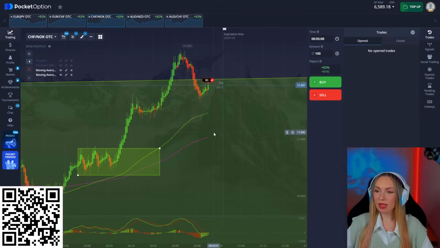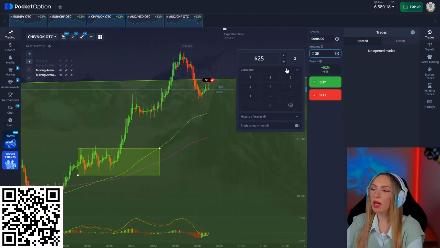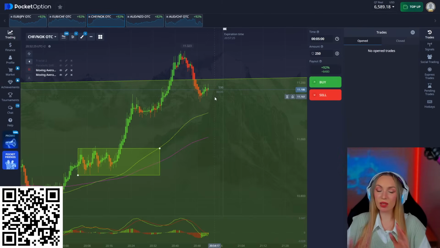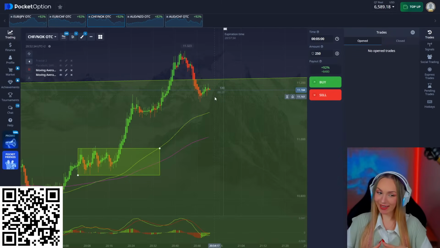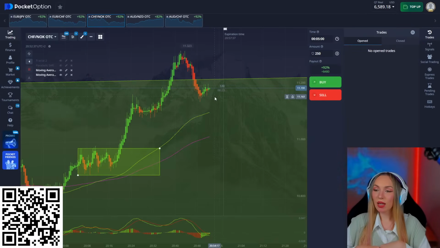But okay, that's fine. 70-80% of the trades are profitable, and 20-30% of the trades are not profitable. Unfortunately, we are human beings, so we are not robots. Even robots, AI can't be profitable on trading.